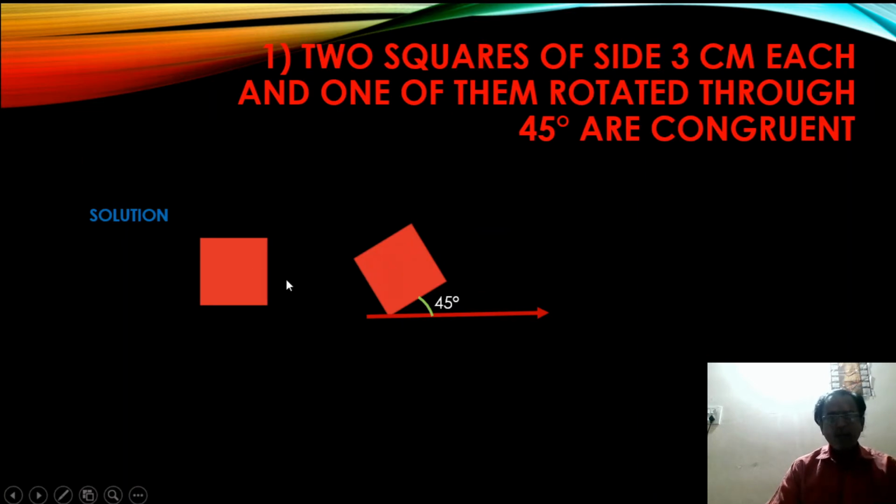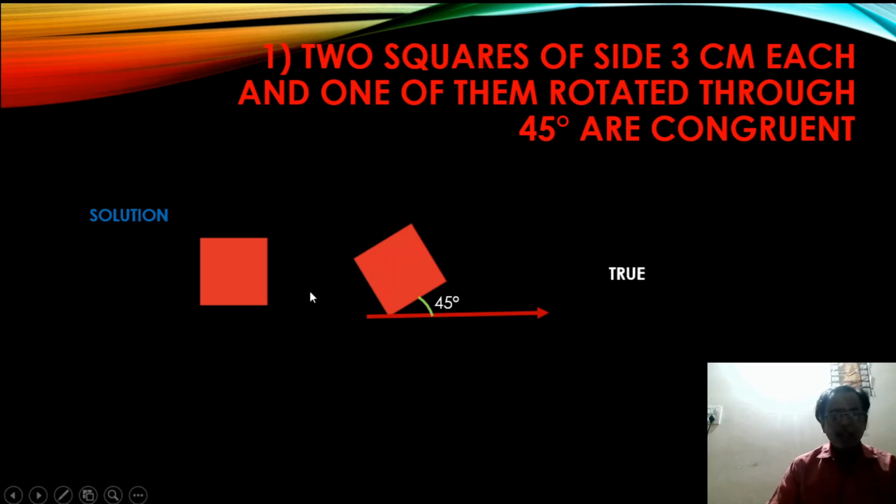Yes. Why? Because their corresponding angles don't change and their corresponding sides also don't change. Just the position is rotated by 45 degrees, but the shape and size don't change. That's why the given statement is true.